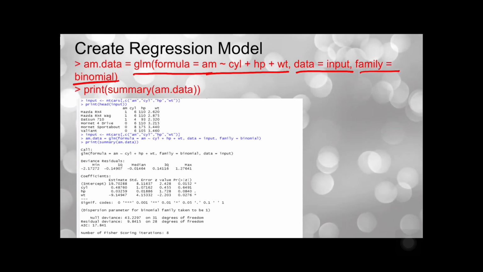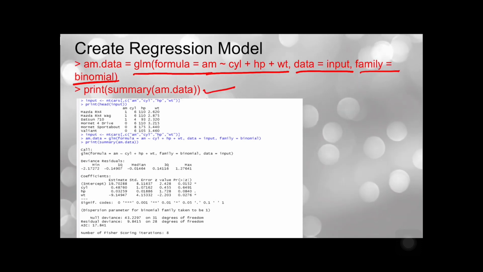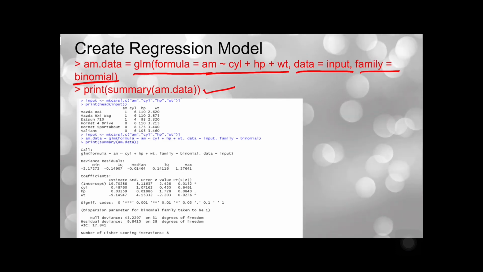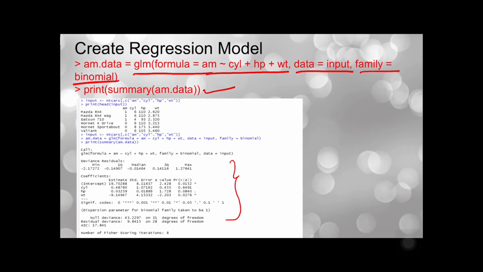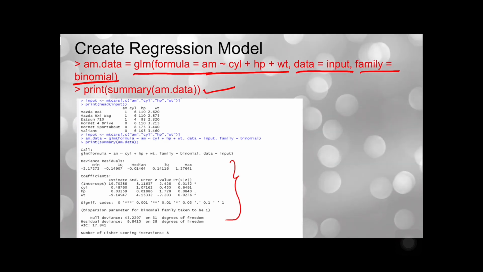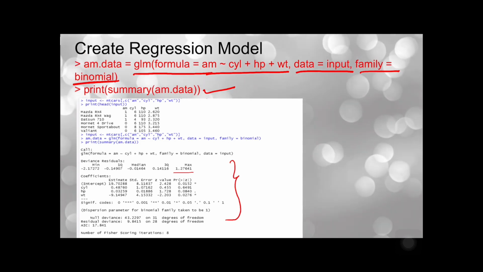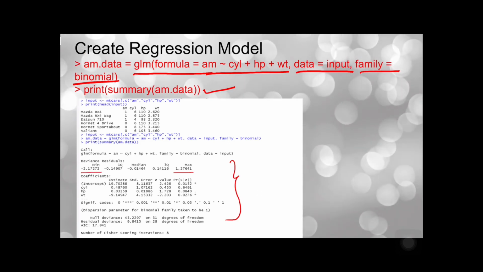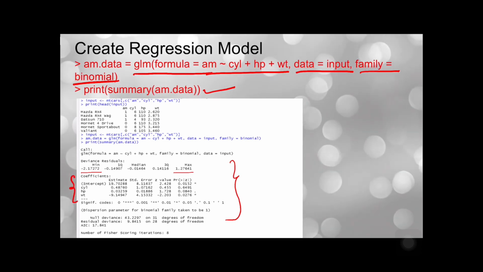When we print summary of am.data, we get the output of residuals. So here the residual values are: maximum value is 1.27, the minimum residual value is minus 2.172, and then the next section explains the coefficient values.